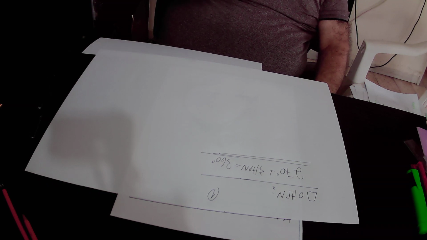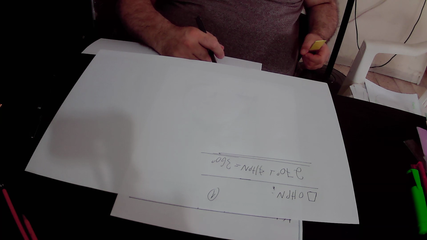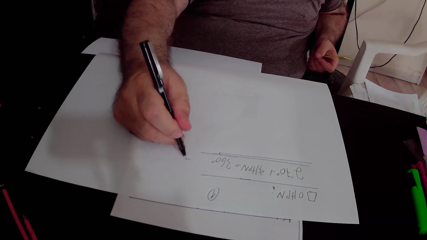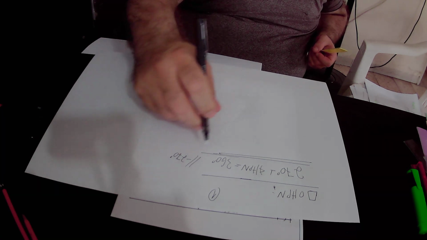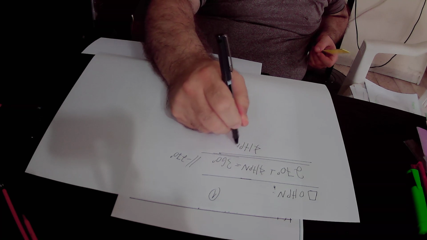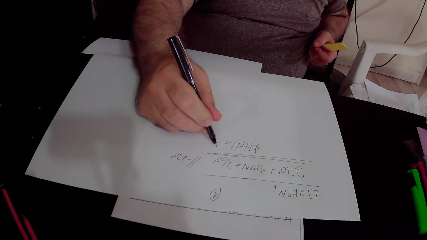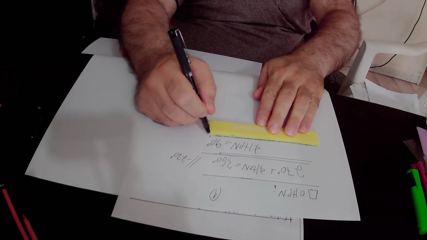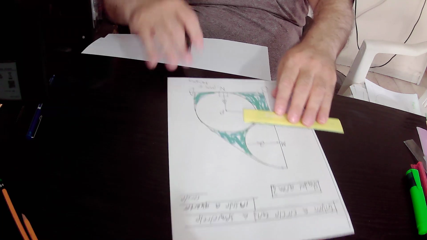So here we subtract 270 degrees from this equation, and we get that the missing angle HPN is equal to 360 degrees minus 270 degrees, which is equal to 90 degrees. It is a right angle. So we found out that this angle is a right angle.